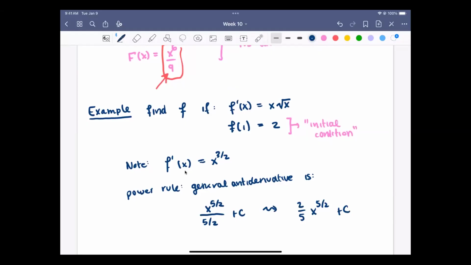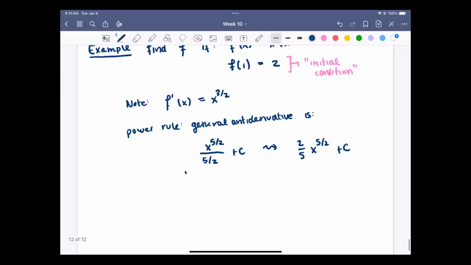Okay, are there questions up to this point? So then what I'll do is I'll plug in f of 1 equals 2 and then solve for c to figure out what c has to be. So here we'll solve for c using f of 1 equals 2.